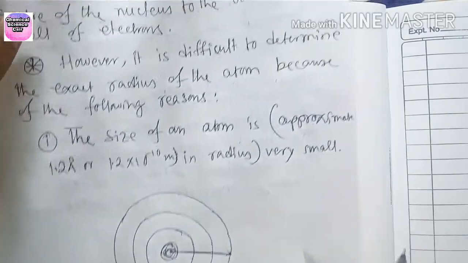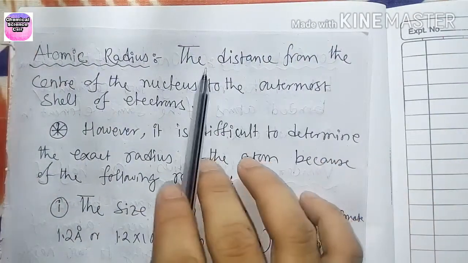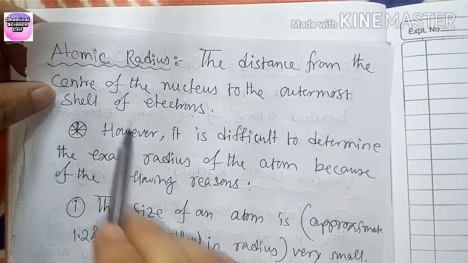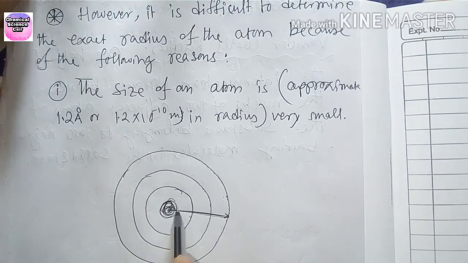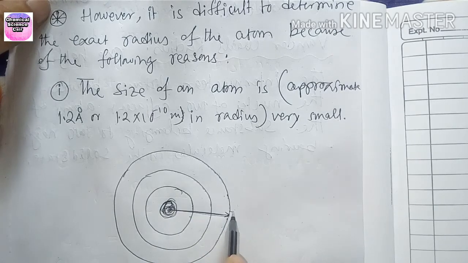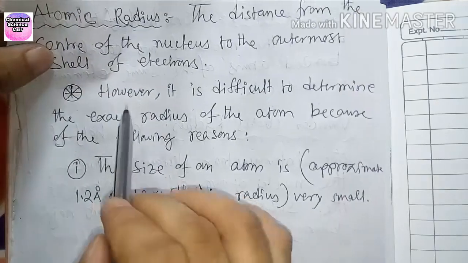The definition is very easy: the distance from the center of the nucleus to the outermost shell of electrons. This is atomic radius.